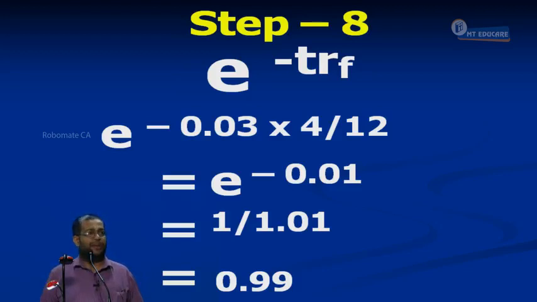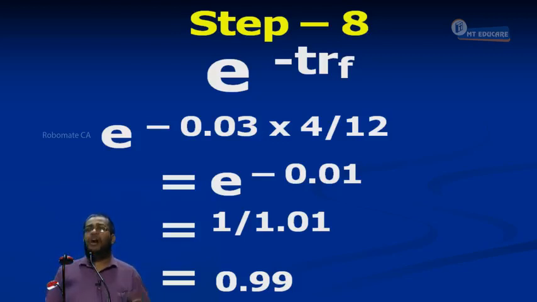E power minus 4 by 12 into 0.03 is equal to e power minus 0.01, which is 1 by 1.01. Four decimals also become the same number only. So 1 by 1.01 is 0.99. The number we are going to get is 0.99.